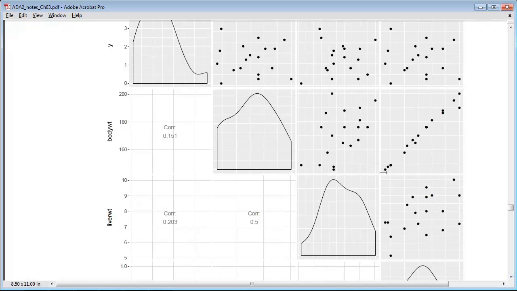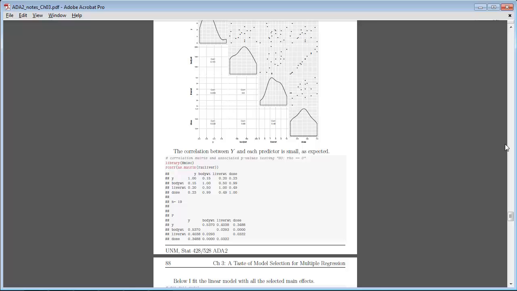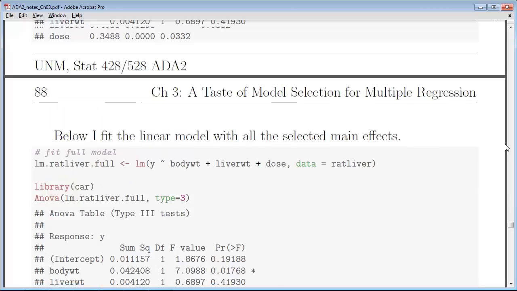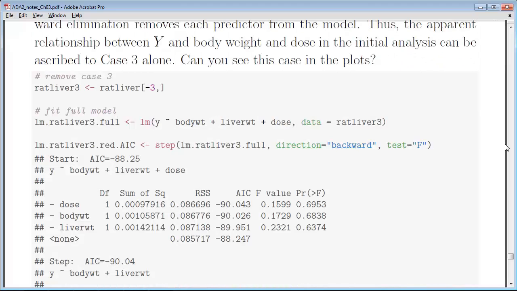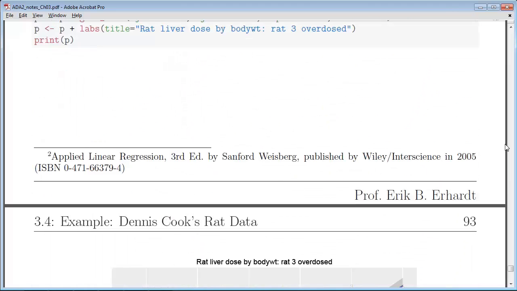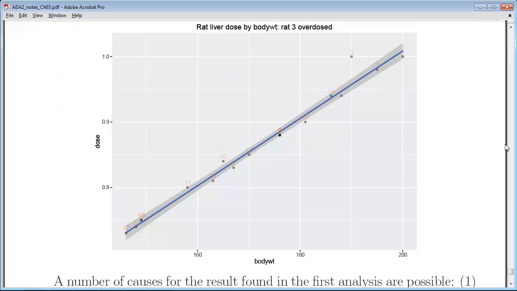And because this is so much like a straight line, and because theory suggests what the relationship should be, the model's sensitive to deviations from that. All right. So observation 3, something happened there.